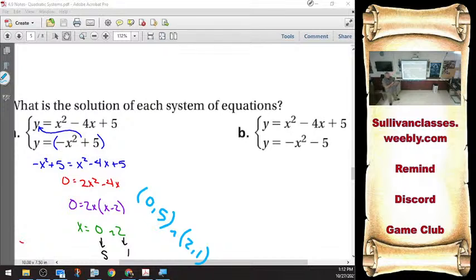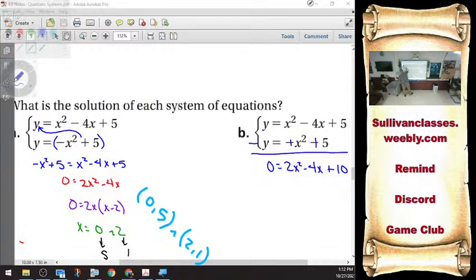Contestant 2 I'll do by elimination. I will negate, and get 0 is 2x squared minus 4x plus 10. Divide everything by 2.